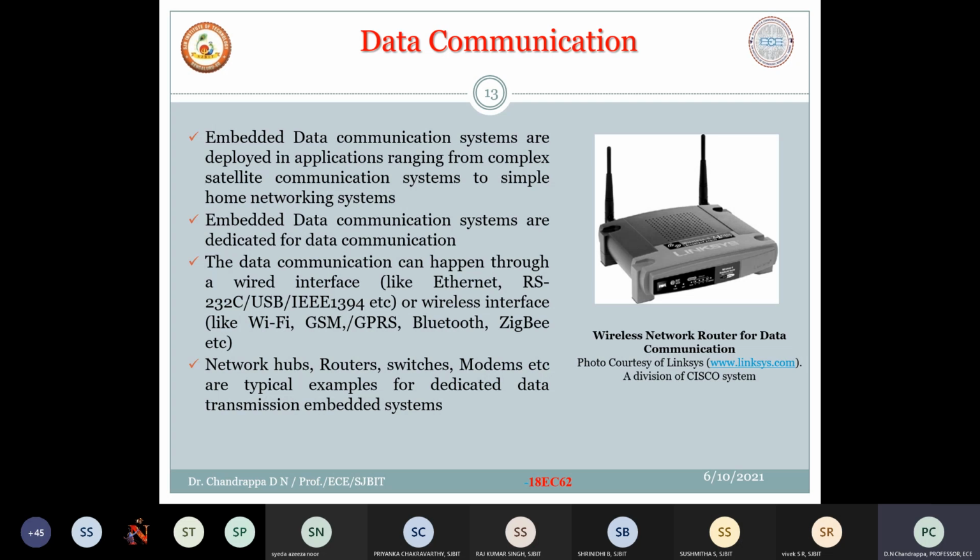Finally, a few more important devices we are going to discuss, which help with communication. One is networking hubs and routers. The router is very familiar and very essential now to connect to the internet, because during the first lockdown there was great demand. Routers were not even available in the market, and in the black market the cost became double.